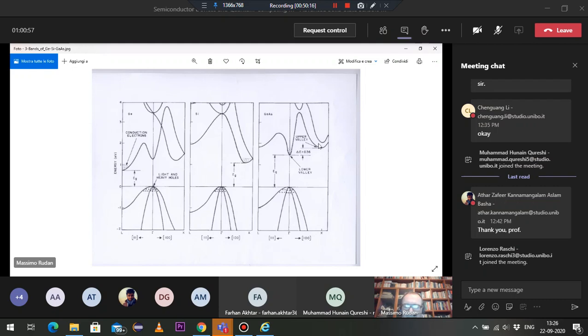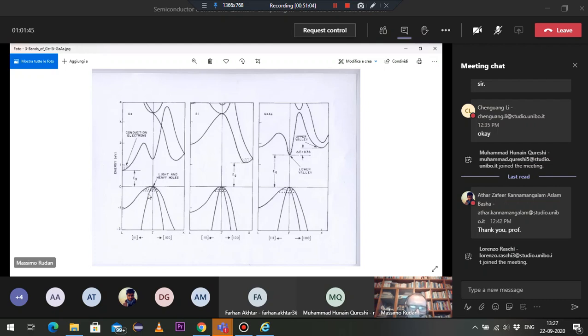Now that we have anticipated that the curvature of the band or of the extremum of the band is related to the effective mass, so to the mass by which the particle reacts to the external forces, now we can explain why the two branches of the valence band are marked with the indication light and heavy holes, because the curvature of the lower branch is larger, so the curvature radius is smaller and the mass will be smaller, as we shall see.